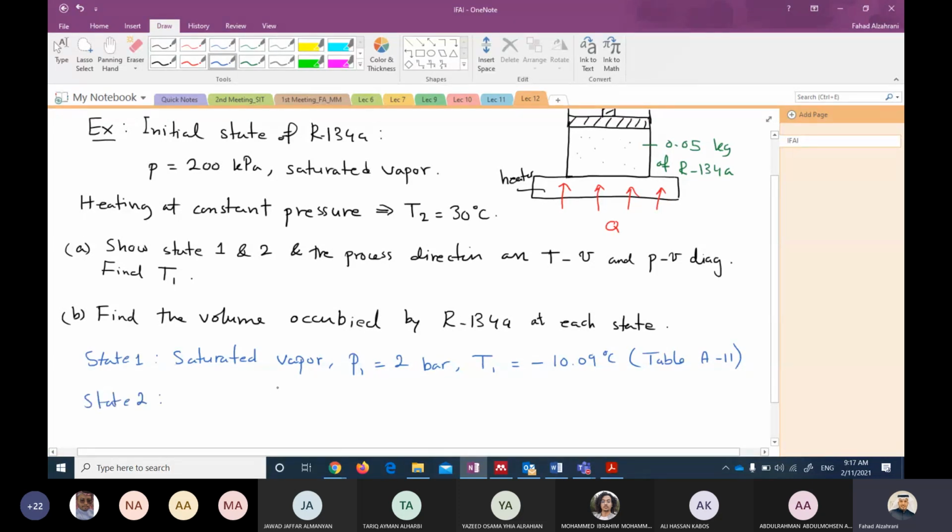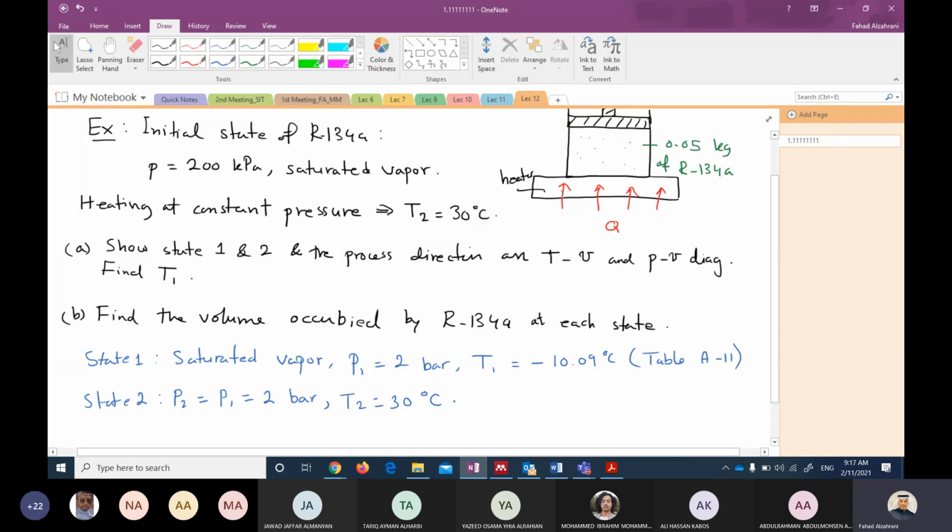We know P2 equals what? We said this heating is at constant pressure, which means the final state is also at 2 bar, so P2 equals P1 equals 2 bar. But what about the temperature at the final state? I gave it to you: T2 equals 30 degrees Celsius.